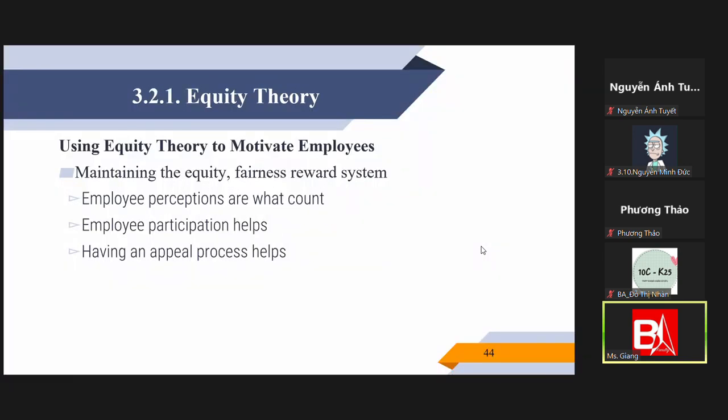And in order to apply the equity theory to motivate employees, the manager should maintain an equitable and fair reward system. It means that we should care about employee perceptions: the employee's perception about the input that they put into their job and the output they receive.